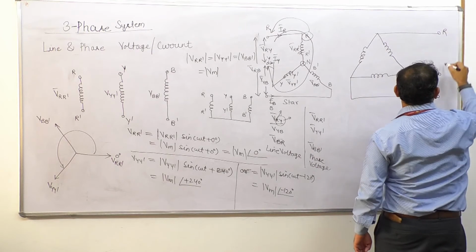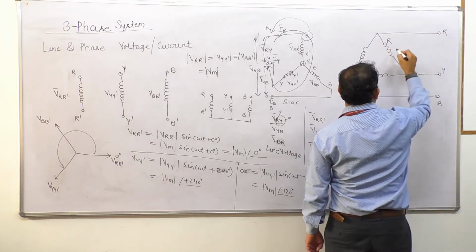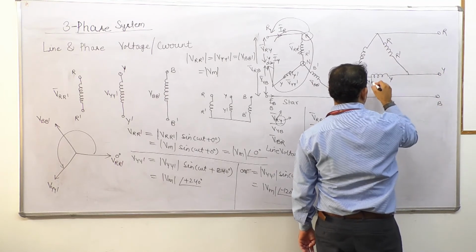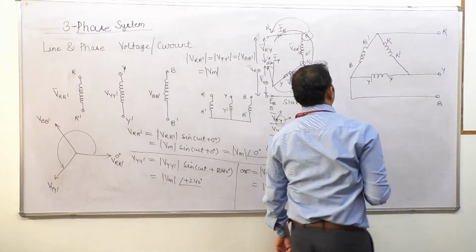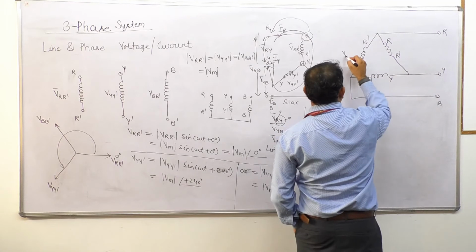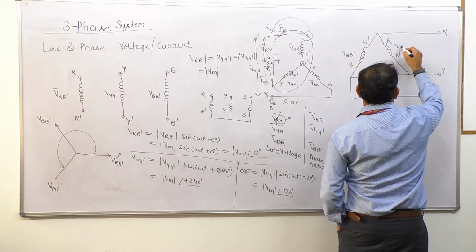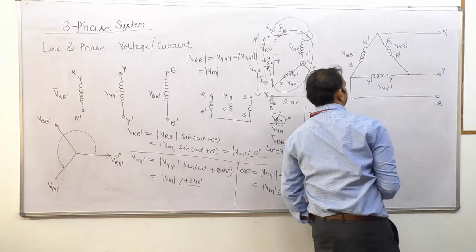Let us say this is R, this is Y, this is B. Let us say this is R dash, this is Y dash, and this is B dash. Voltage across B dash, R dash, and this is Y dash.